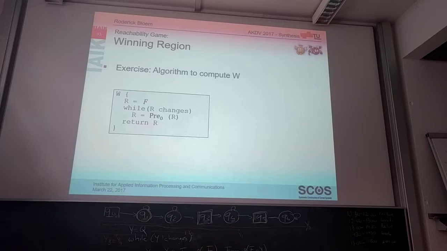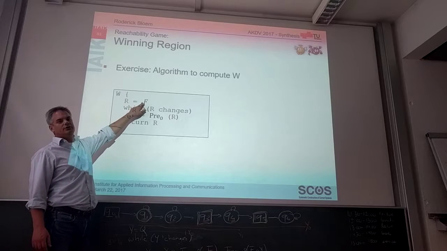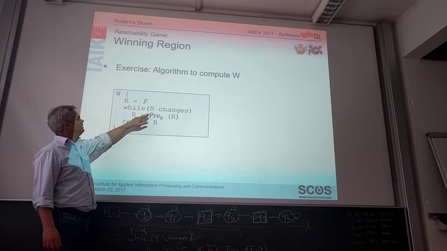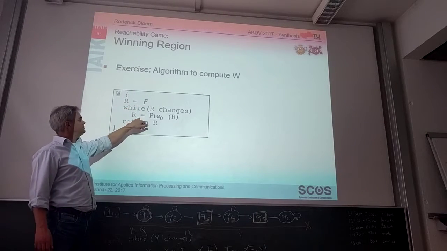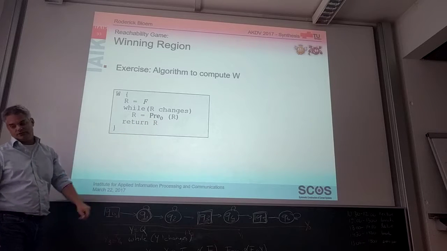Here you actually cannot see, so I'll go back to the pre. But you start with a set. You represent the set as a BDD. And then while this set changes, you keep computing the pre of this set.